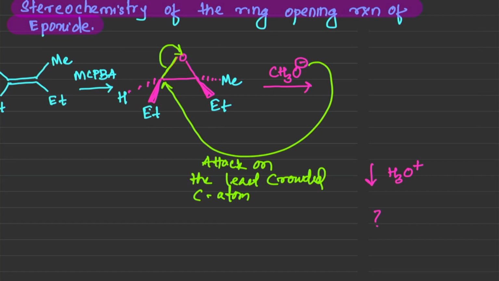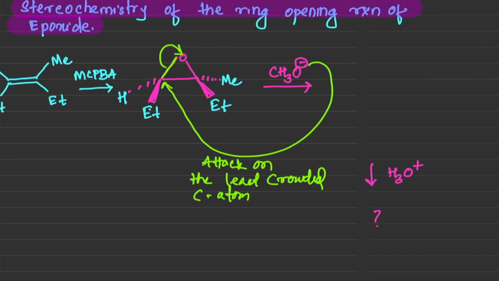Okay, now at this point, I want you to focus. Remember I told you before that the nucleophile must come from the opposite side of the leaving group, which in this case is the epoxide oxygen.